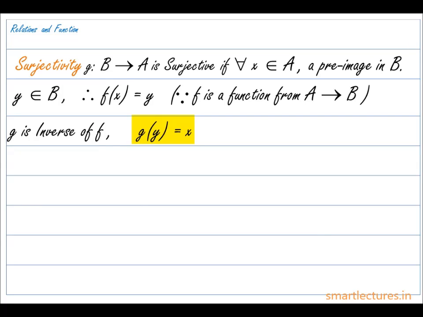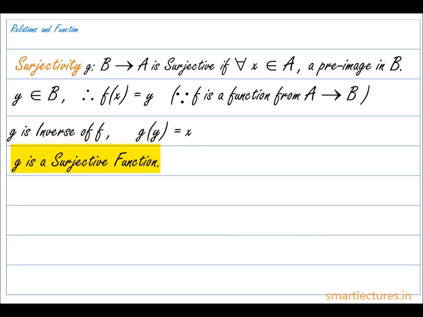So that also means for every element x which belongs to set A, there is always an element y in the set B such that g of y is equal to x. Or we can say every element x from the set A has got a pre-image in the set B, which means the given function g from B to A is a surjective function.